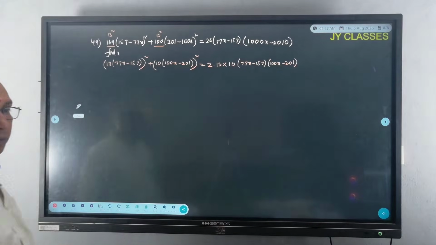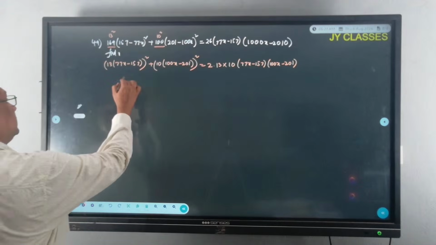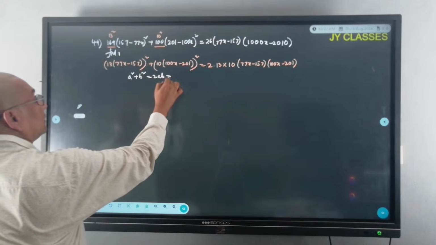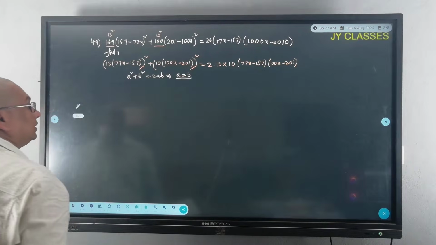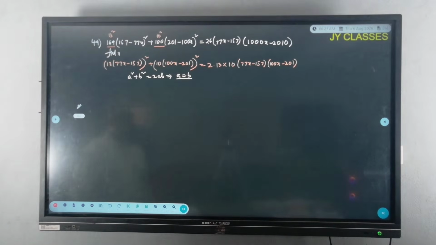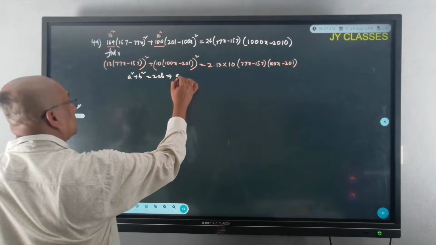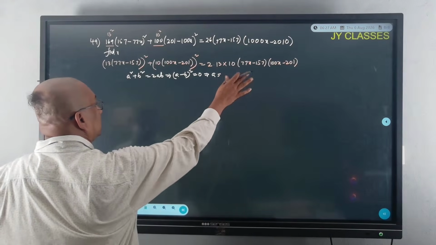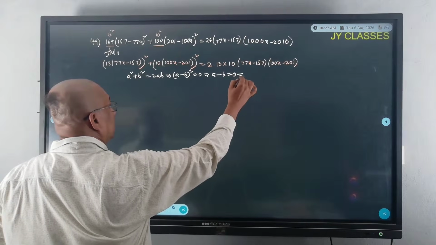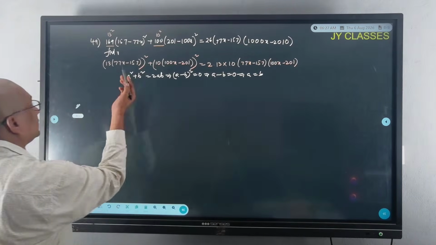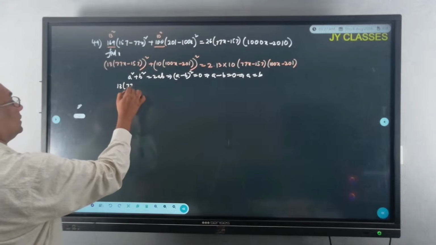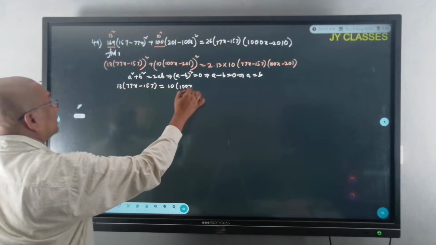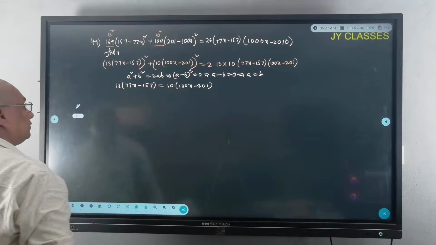So this is all in the form of a square plus b square is equal to 2ab. So that is a equal to b, meaning (a minus b) whole square equal to 0, then a minus b equal to 0, then a equal to b. That's enough. So what is a? 13 into (77x minus 157) is equal to 10 into (100x minus 201). Now it is to be simplified.